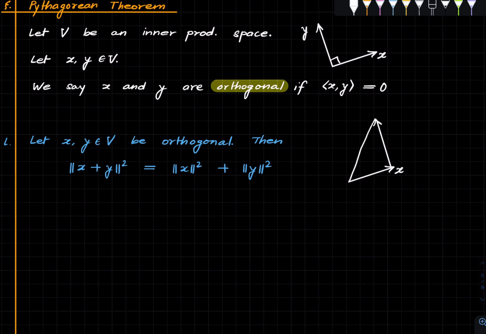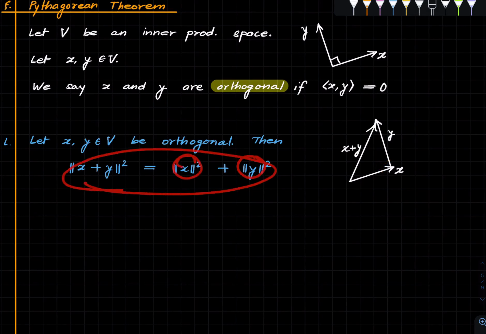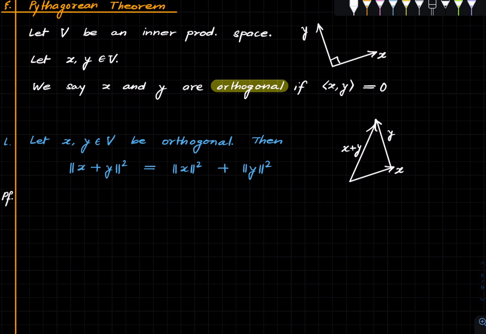And this side is x plus y. If x and y are orthogonal, then this is 90 degrees. What this is saying is that the sum of squares of the sides is the square of the hypotenuse. Even though we know Pythagoras theorem from high school geometry, we need to prove this thing.